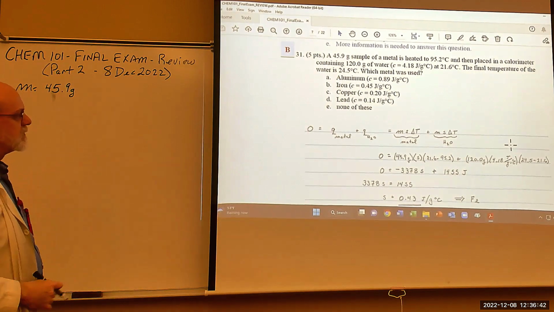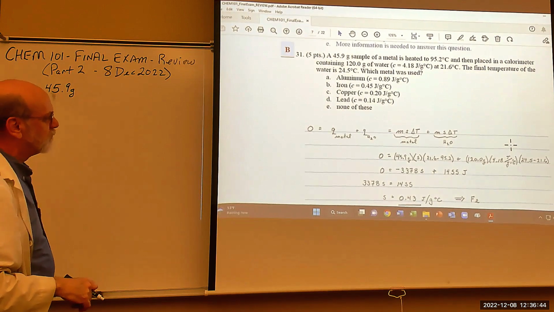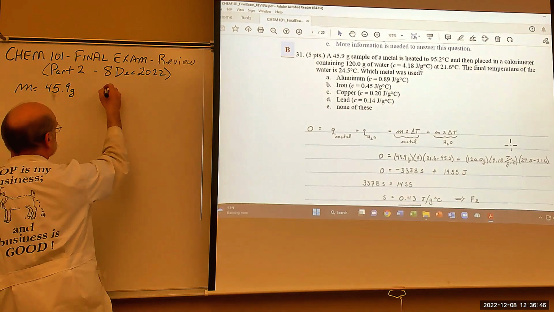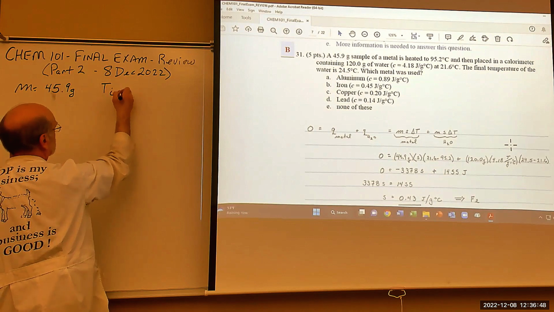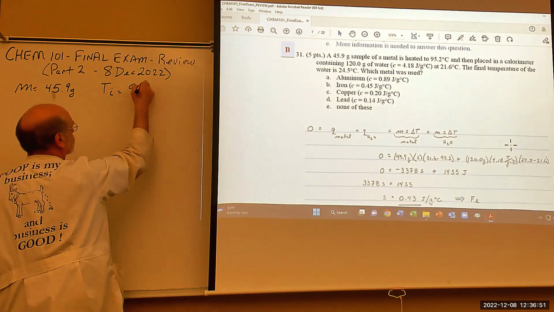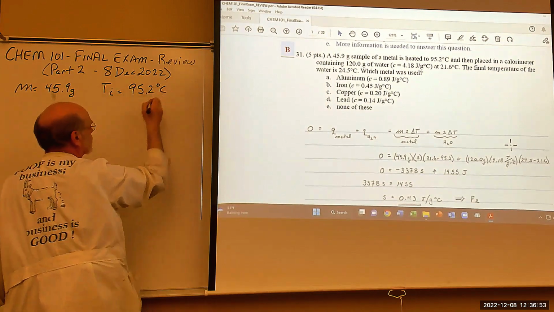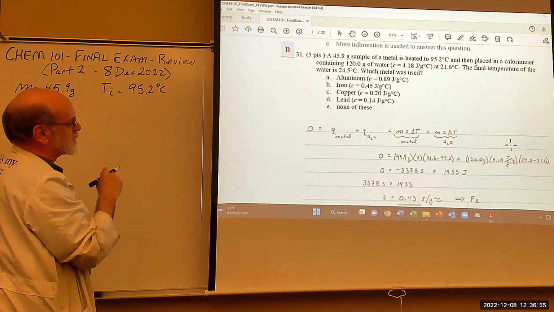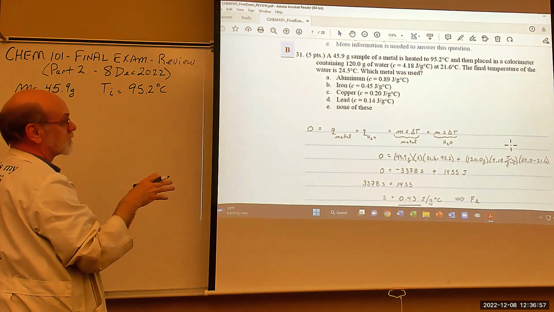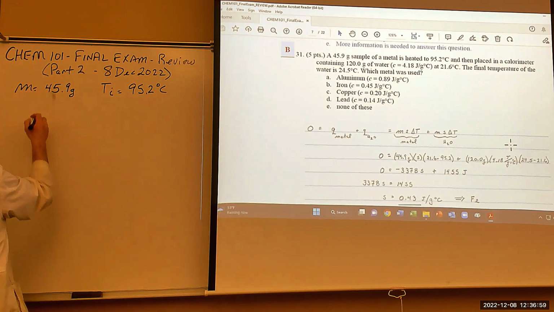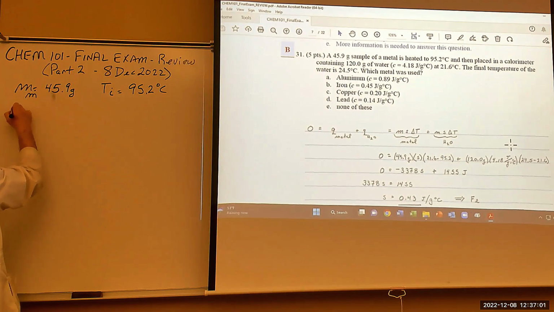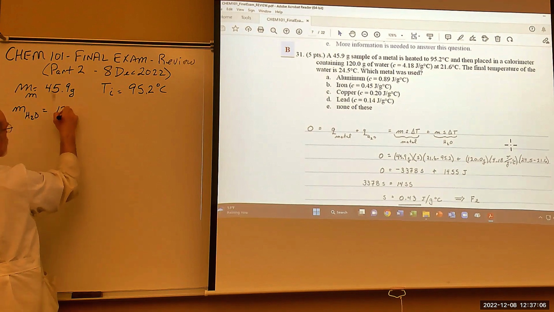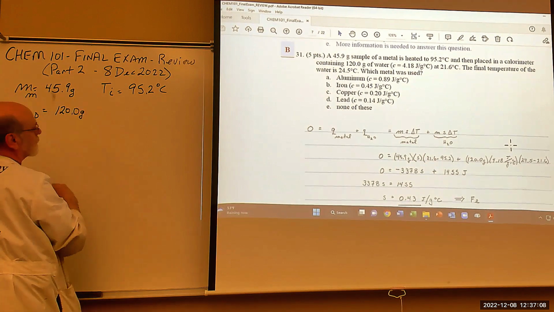And the metal is heated to 95.2 degrees. So its initial temperature is 95.2 degrees C. And it's placed in a calorimeter with 120 grams of water. This is the mass of the metal. This is the mass of water, 120.0 grams.